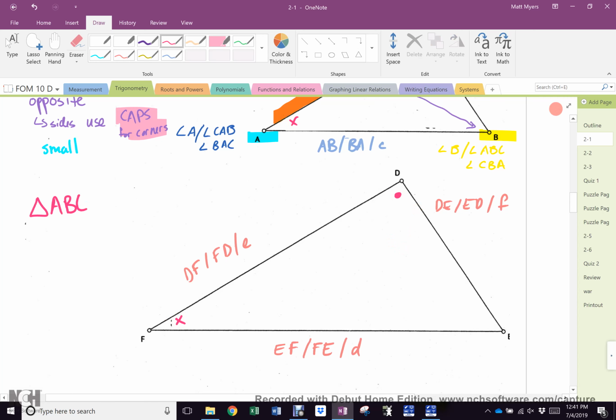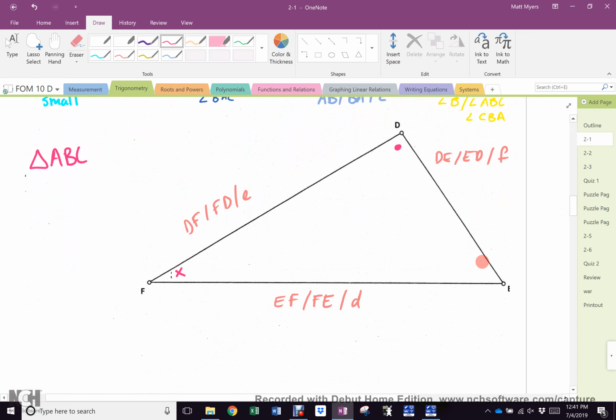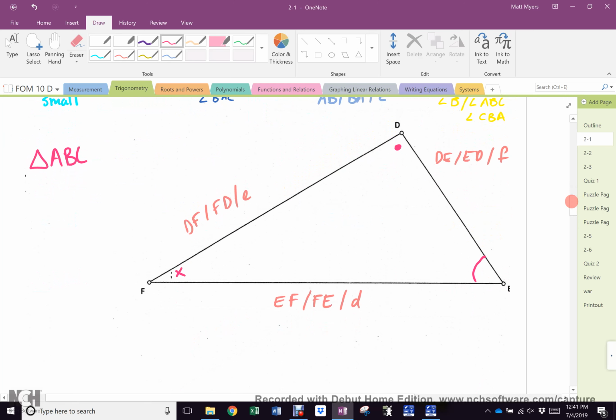Angle D and angle B or C are the same. And angle E and angle B are the same. Everybody understands this? I'm telling you they're the same. Normally we'd get out protractors and we'd measure them, but we don't have time. I'm telling you they're the same. Everybody cool? All right.